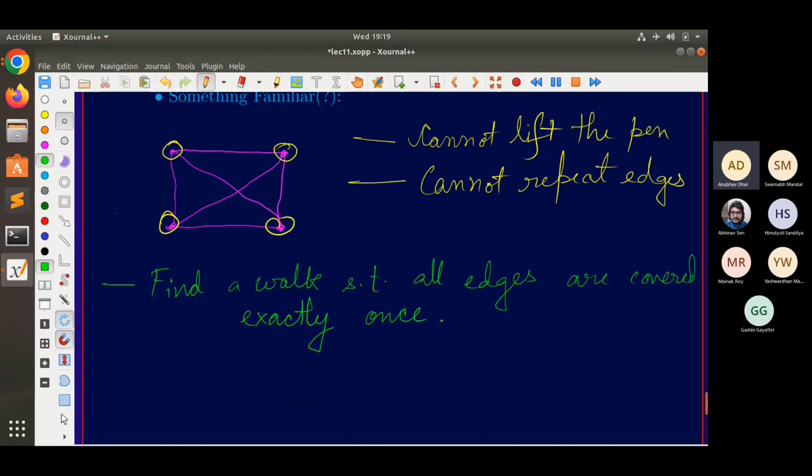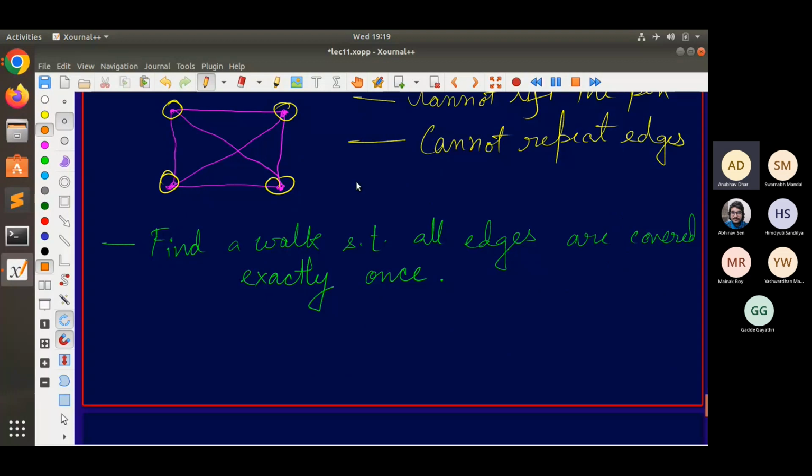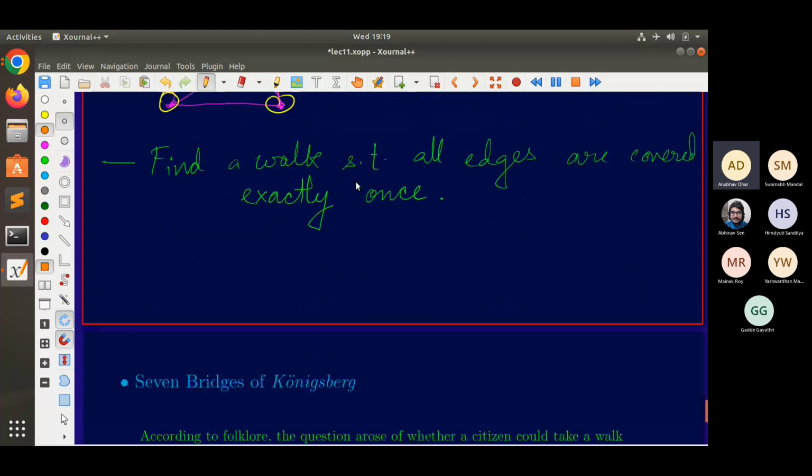So it turns out that this problem is one of the reasons why Leonhard Euler decided to invent graph theory. The problem that he was handling is known as the seven bridges of Königsberg.